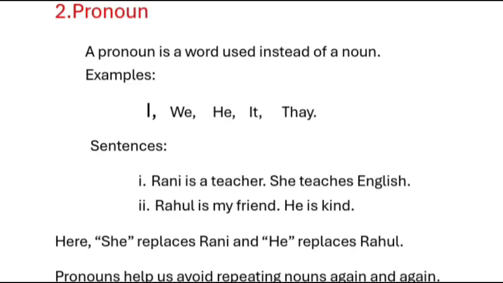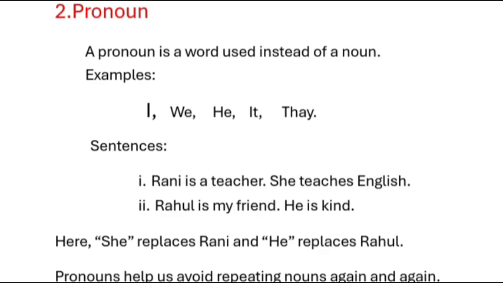Now, the second one is pronoun. A pronoun is a word used instead of a noun. A pronoun is a word that is used in place of a noun. Pronouns help us avoid repeating the same noun again and again in a sentence. For example, I, we, he, she, it, they.